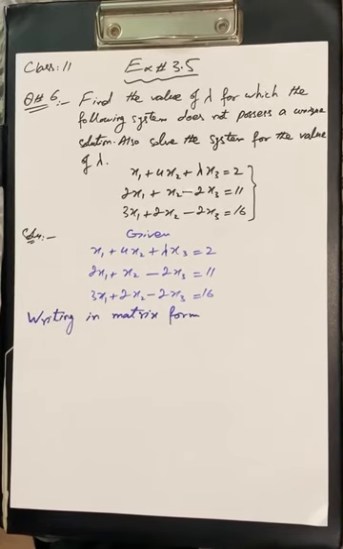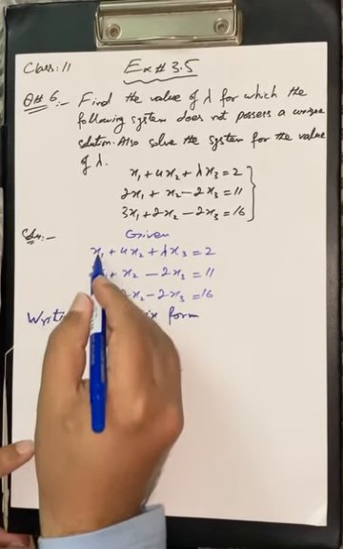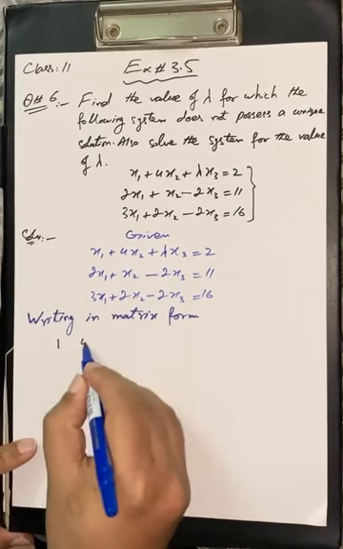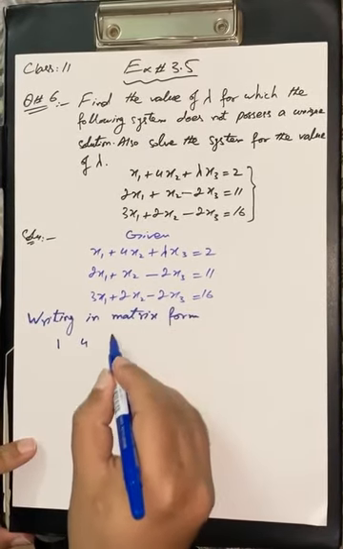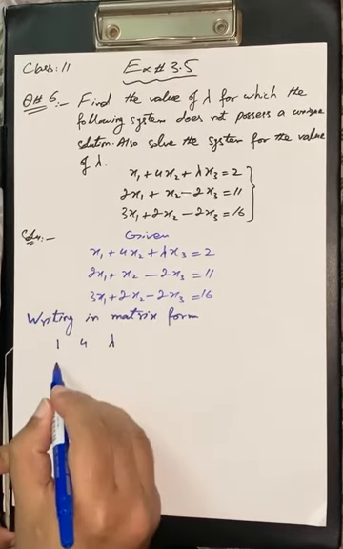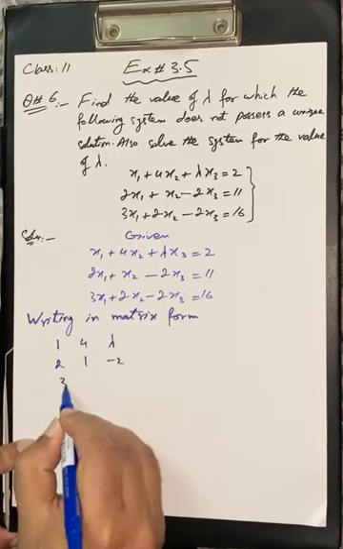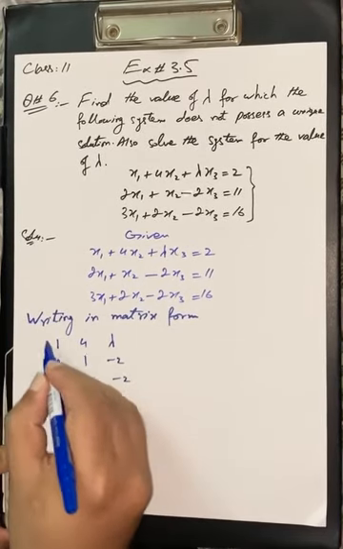So first we write the matrix form: x1 coefficient 1, x2 coefficient 4, x3 coefficient lambda, then 2, 1, minus 2, 3, 2, minus 2.